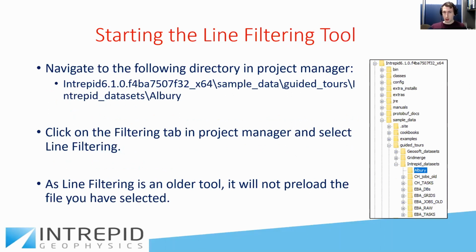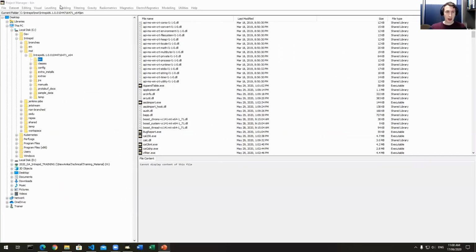So to start the line filter tool, in the Intrepid Project Manager, you'll find a number of different tabs up the top here, or drop-down menus. All of the filtering tools within Intrepid are located under filtering. We've got line filter, and then grid FFT, grid convolution, and Wiener kernels, which you can use in the grid convolution tool.